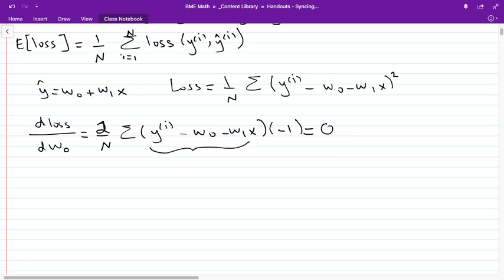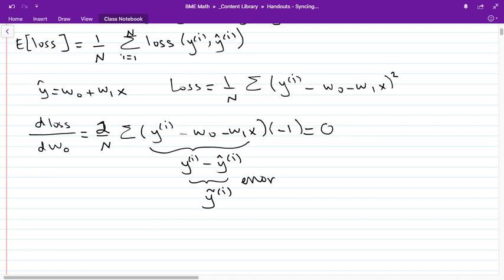What I have here is the difference between what I observed and what I predicted, right? That's my error. I'll call that y tilde, my prediction error.